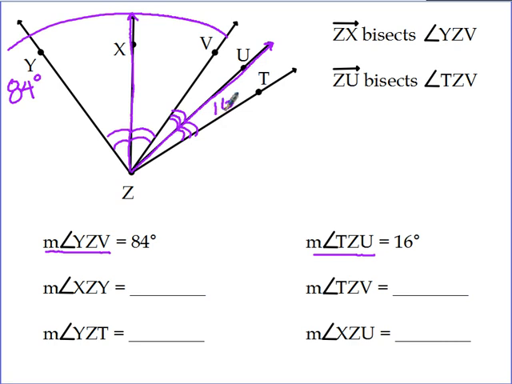So before I even look at the bottom to see what they're asking me to fill out, I'm going to try to fill in all my angles in here. So if this one's 16, I know that one's also 16 because they're the same. And then 84 is the whole angle, but its two pieces are equal, so I can divide that in half to get that each of those is 42 degrees.